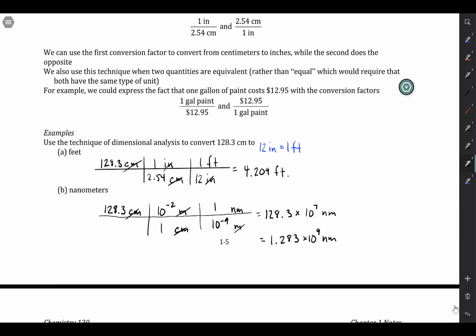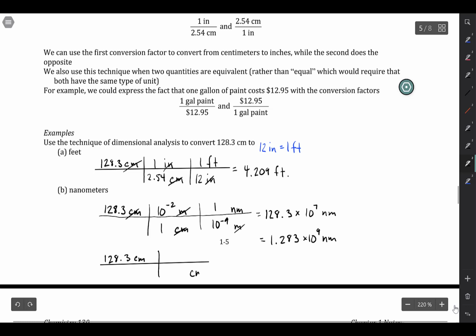Now, we also could have just done that in one step, if you'll recall. To do it that way, we could just say here 128.3 centimeters. If we wanted to go directly from centimeters to nanometers, we put the reciprocal of what each prefix means in front of it.